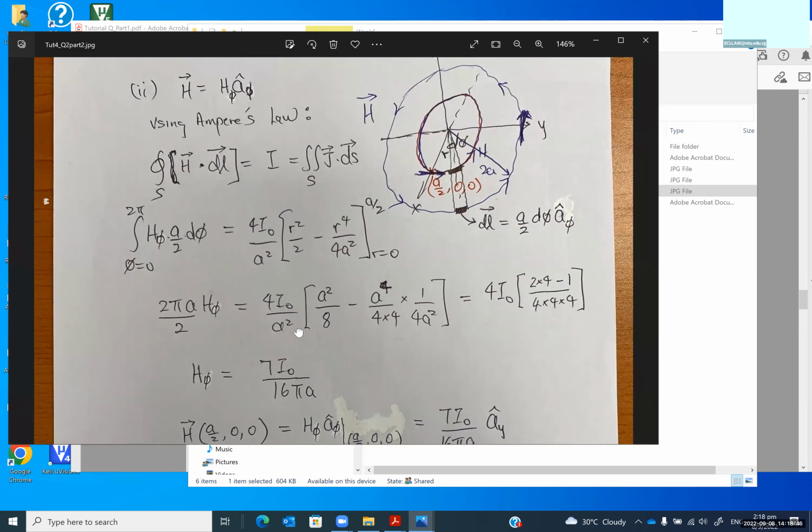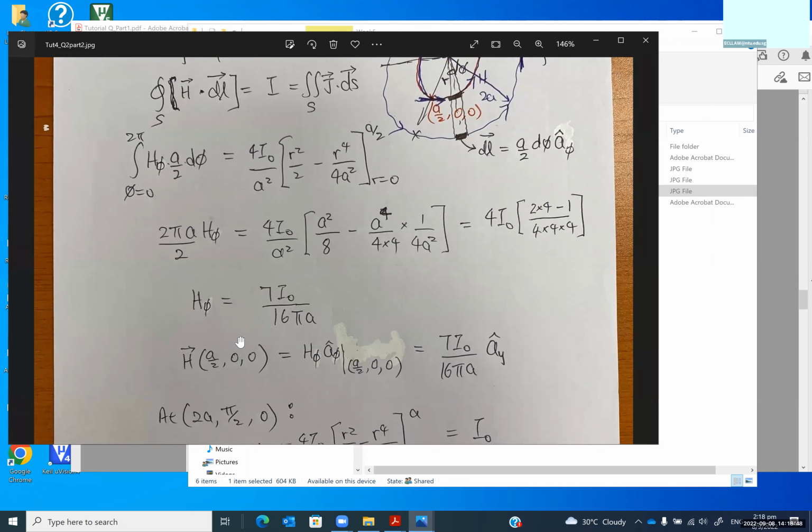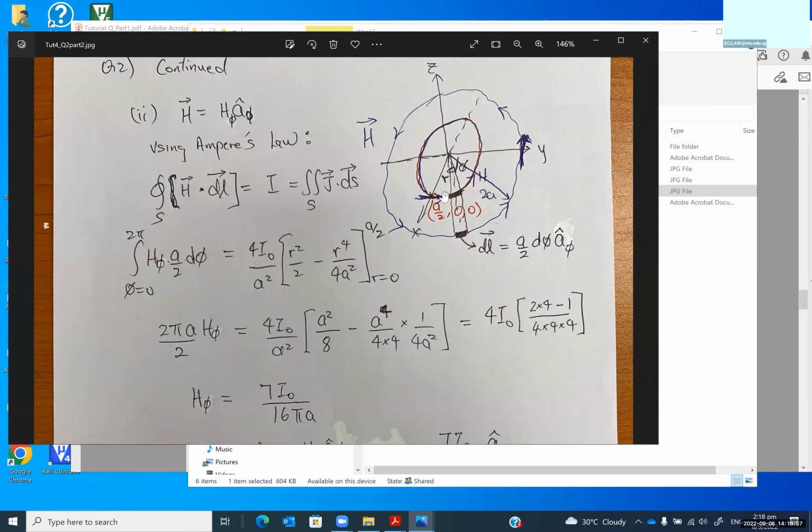But we are interested in it being evaluated particularly at this point. So we need to evaluate a phi at that point. What is a phi at that point? That point is here, agree? This is the point a over 2, so I draw a circle of radius a over 2. Phi angle is 0, which means it's along the x-axis, so the intercept is this point. This is the point I'm interested in. Where is the direction of the magnetic field?